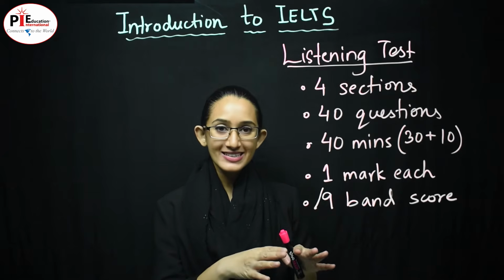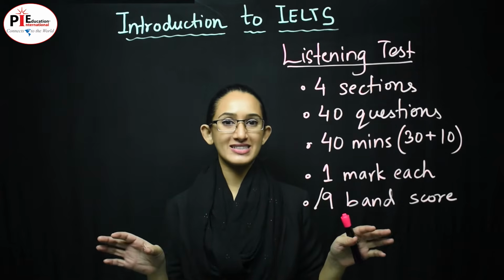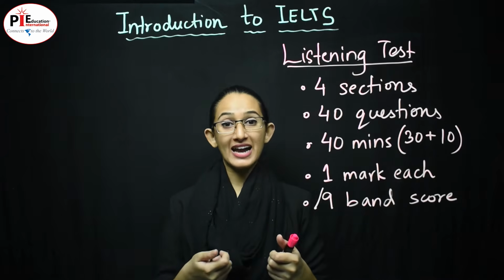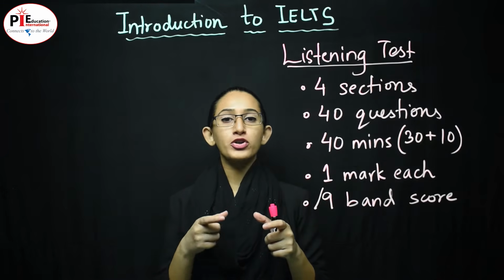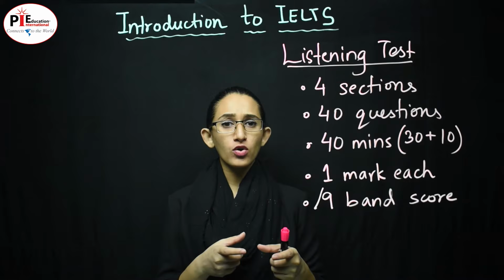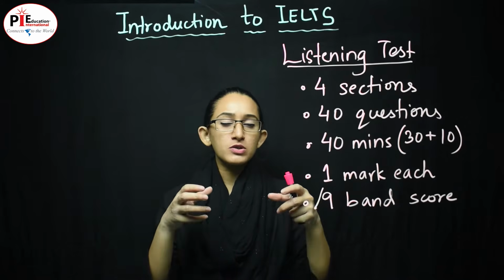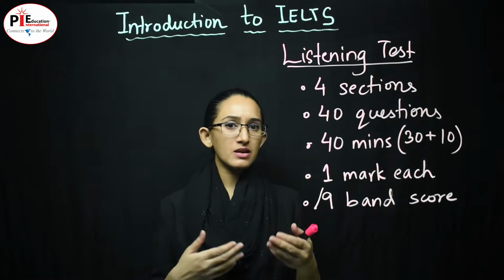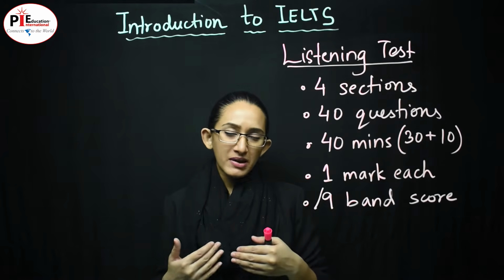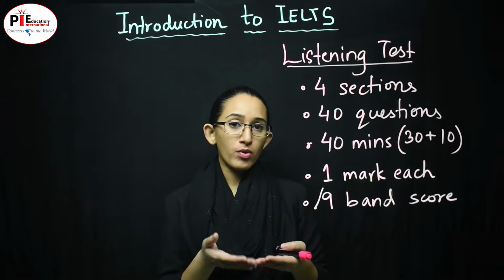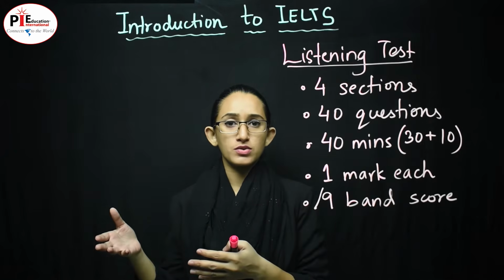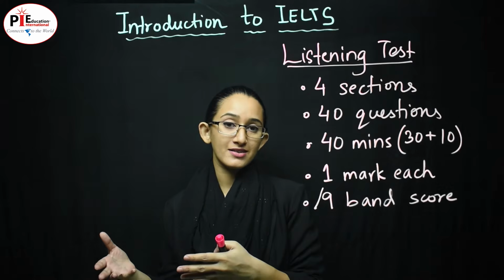So in the listening test, you will have 4 different sections. And in each section, you will first be asked to listen to an audio recording. And the audio recording could be a conversation between 2 people who are speaking about a particular topic. It could be something as simple as somebody calling a shop or a clerk in order to find out about a train schedule so that they can book a train ticket, right?